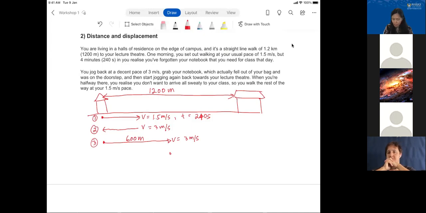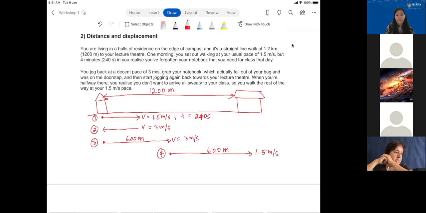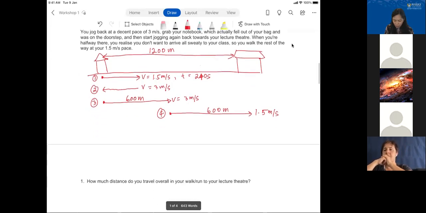And then finally, you walked the rest of the way, halfway up until the lecture theater. You walked at the speed of 1.5 meters per second over a distance of 600 meters. So that's the fourth segment of your journey. And you've indicated everything that's been given in the problem. Okay, so now let's look at the questions.